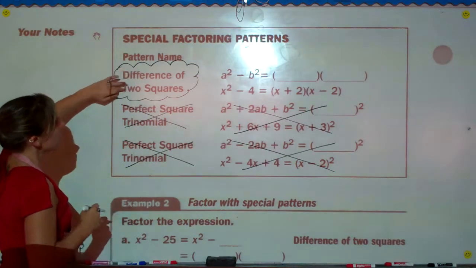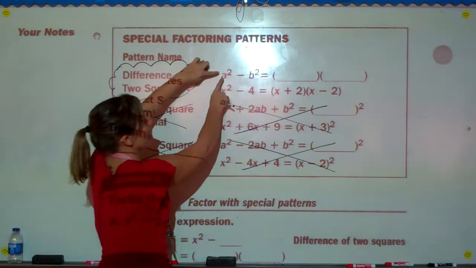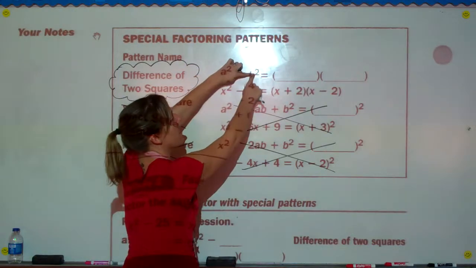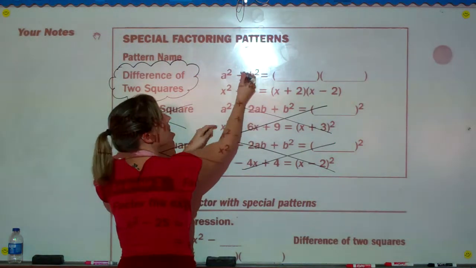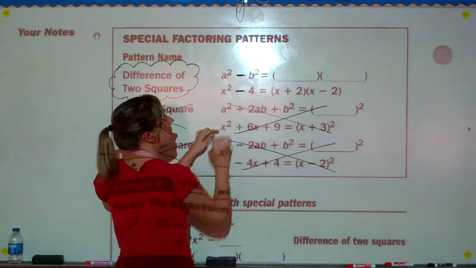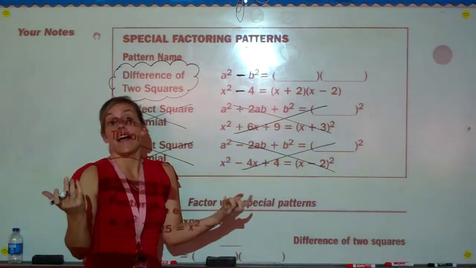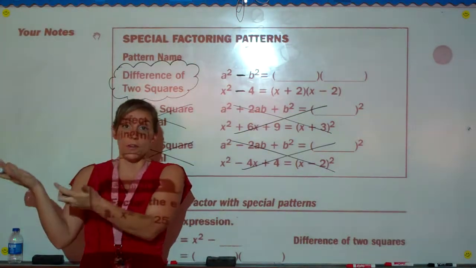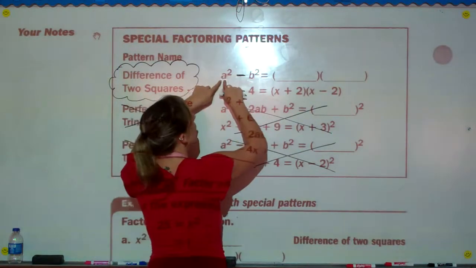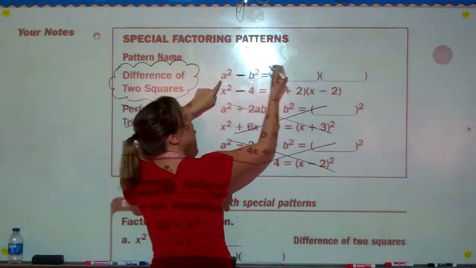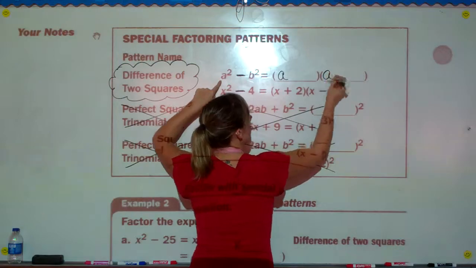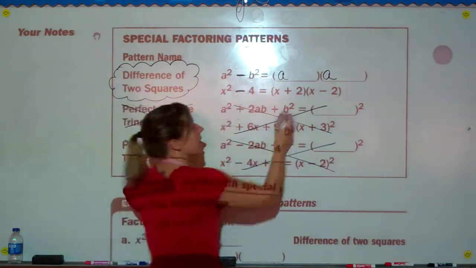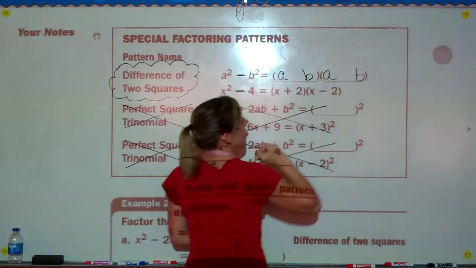But I do the difference of two squares, and all that means is if the front number is a perfect square and the back number is a perfect square, and we are subtracting right here, then you can just break it down into the square root of the front one and the square root of the back one. So, for example, a squared is just a times a, and b squared is just b times b.